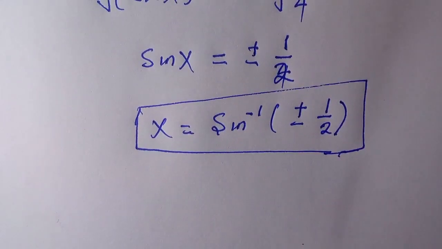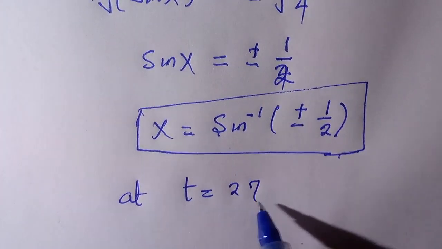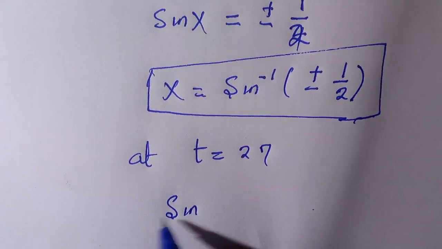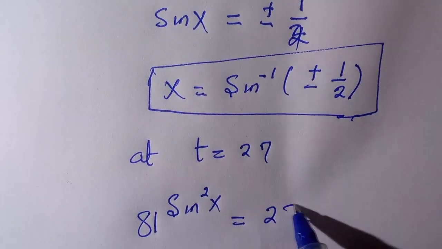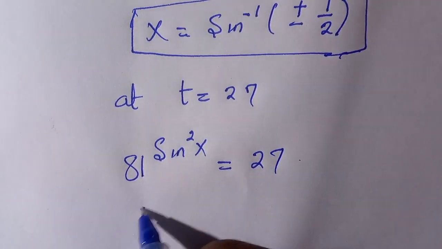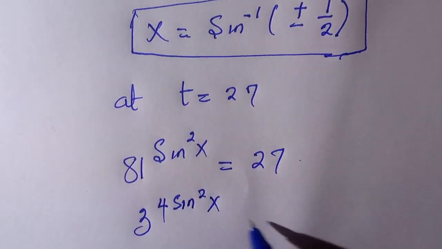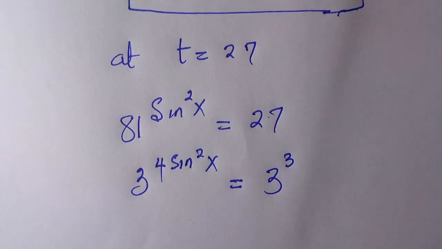And again, at t equals 27, we also plug it in, which is 81 to the power of sine square x equals 27. And here we have this as 3 to the power of 4 sine square x equals 3 to the power of 3.